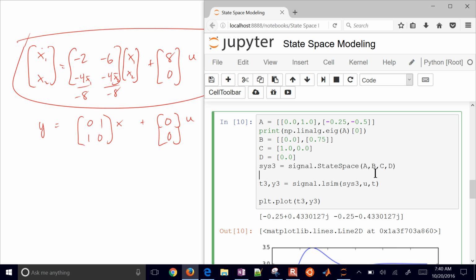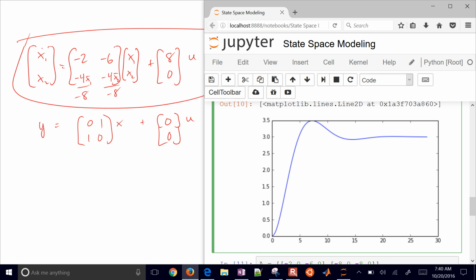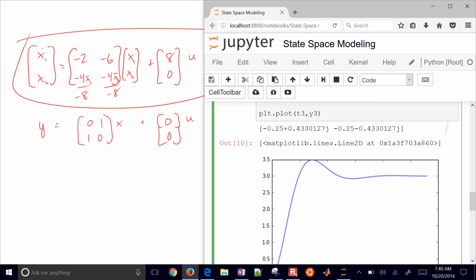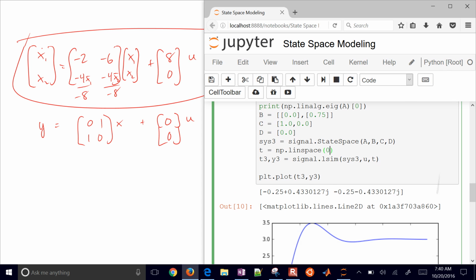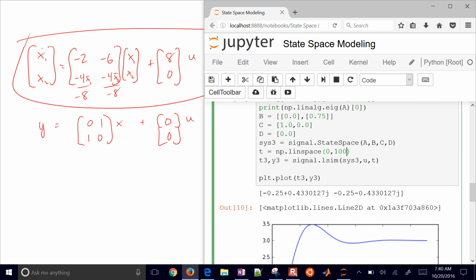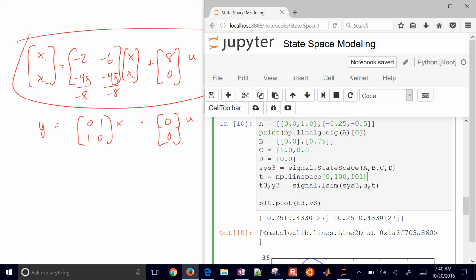And so our time, where we want the simulation for each of those points, we're going to use maybe something like NumPy linspace, and we'll go from 0 to, in this case, let's see, where do we want to go? I'll do 100 points, and we'll go up to about 100, okay? So we'll go up to 100, and we'll do 100 time steps, or 101 points.